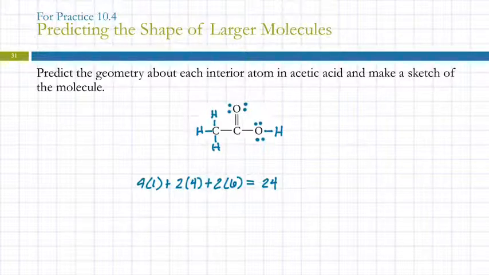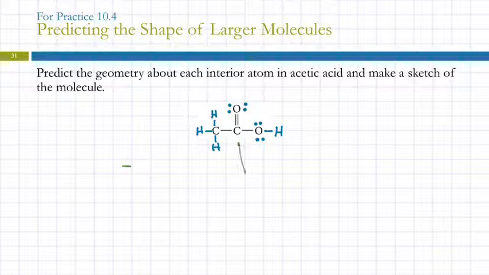An exam question might give you this and say, what's the geometry around this carbon right here? Let me erase this. How many electron groups are on this carbon?